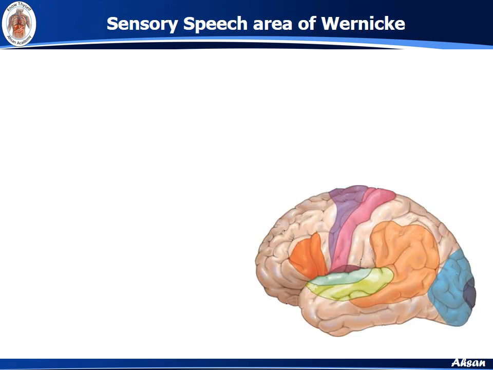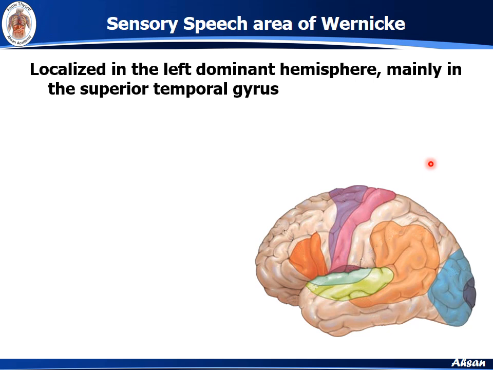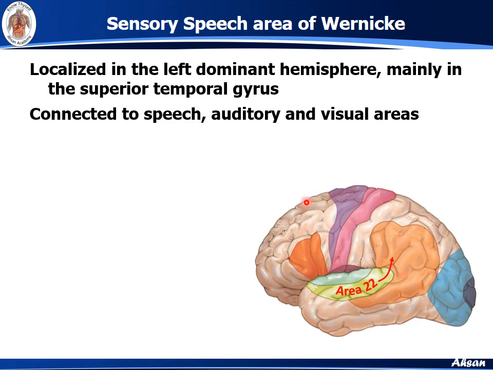That is the sensory speech area of Wernicke. This area is actually a continuation of area 22. This is the auditory association area, and it is continuous with the Wernicke center. The Wernicke center, also known as the sensory speech area of Wernicke, is anatomically continuous with area 22, and it occupies the parietal lobe area as well as around the occipital area.